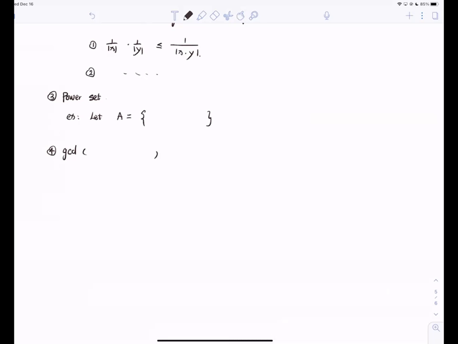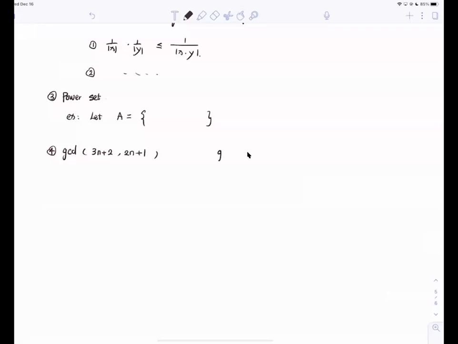So make sure you know the weird ones. For example, it's in the past exam, but I think it's a good one: GCD of 3n plus 2 and 2n plus 1.